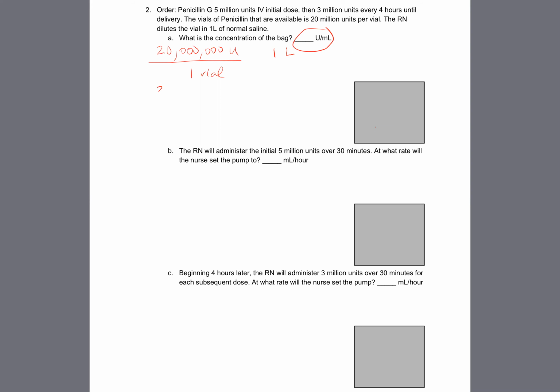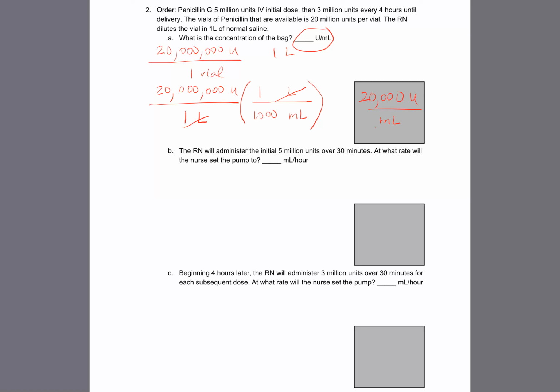So what you're going to do is 20 million units in 1 liter, but you need to know the conversion. There's 1,000 mLs in 1 liter. Your liter units will cancel, and you're left with 20,000 units per ml.